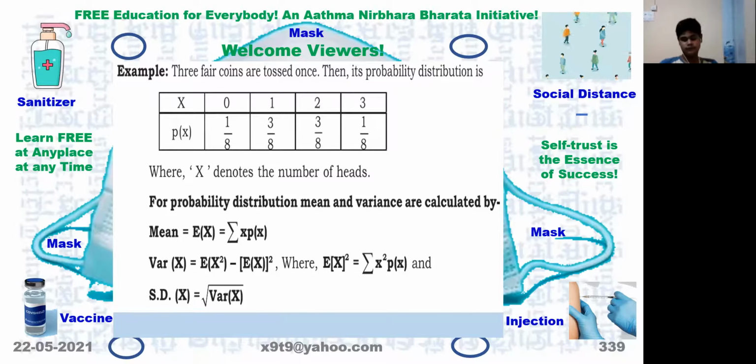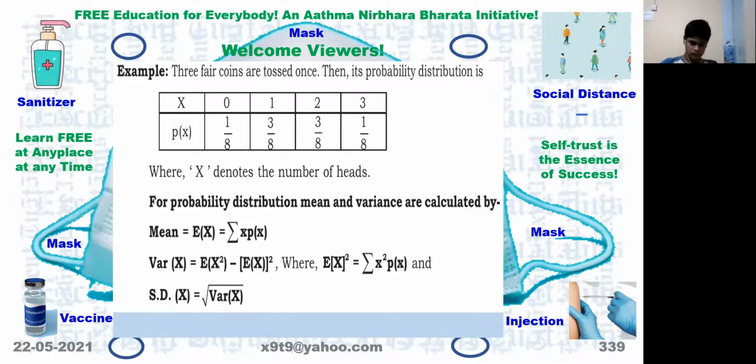So mean is, you write the formula, mean is equal to capital letter E within bracket x, that is equal to sigma multiplied by P of x.